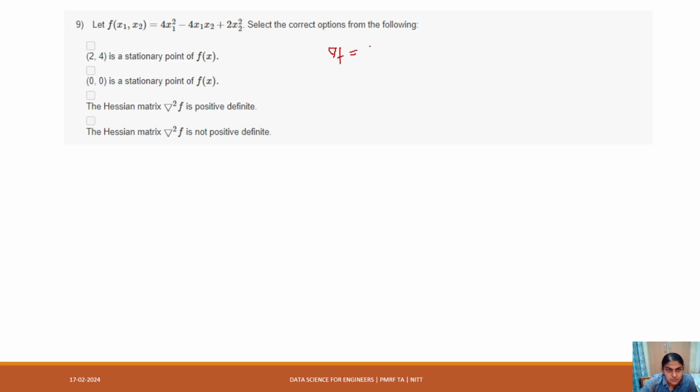In case of x1 you will be getting 8x1 minus 4x2, and then this one will be minus 4x1 plus 4x2. Just find out the stationary points first.